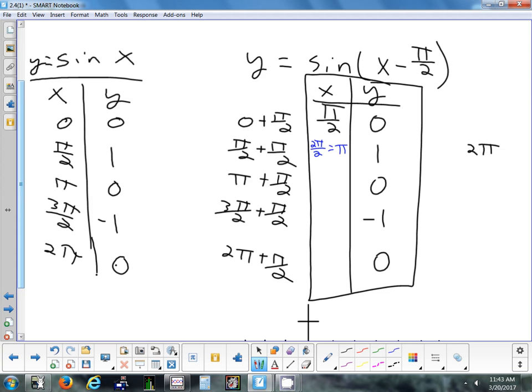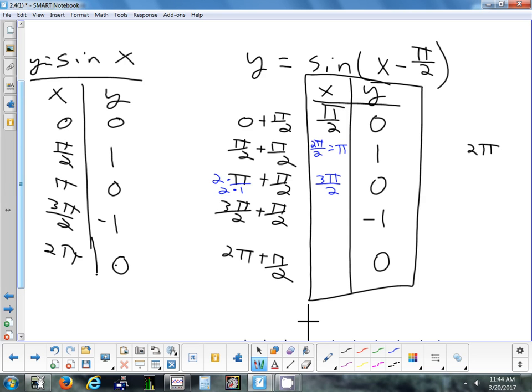Now the next one, we don't have a common denominator, but what is the common denominator between 1 and 2? 2. So what would you multiply this by to make it a 2? 2. So that means you have to multiply the top by 2 as well. Now you have 2 pi over 2 plus 1 pi over 2. 3 pi over 2.